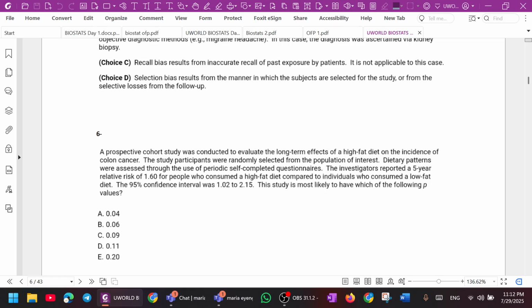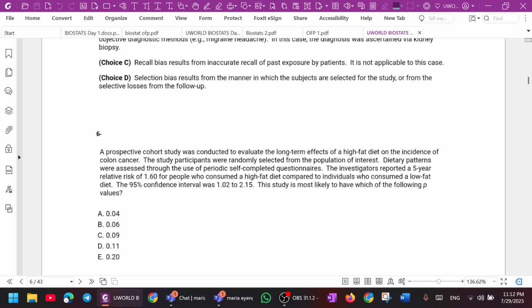They have given you something. Can you do something with the relative risk and the confidence interval? Okay, you tell me what to do. So they are giving you the relative risk and the confidence interval.